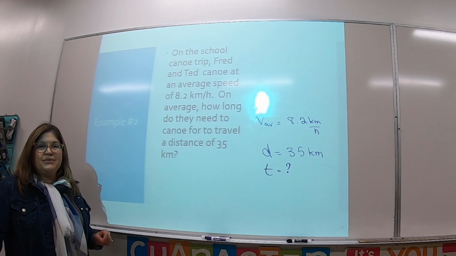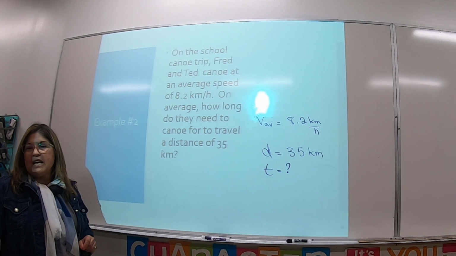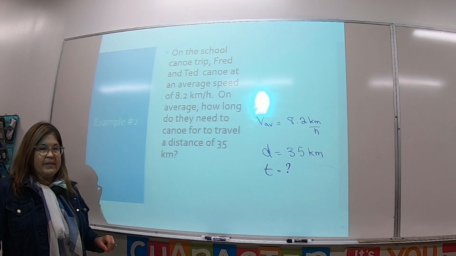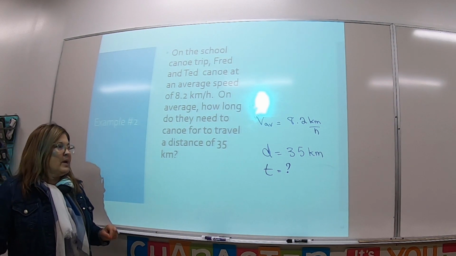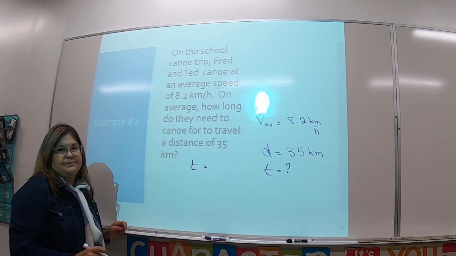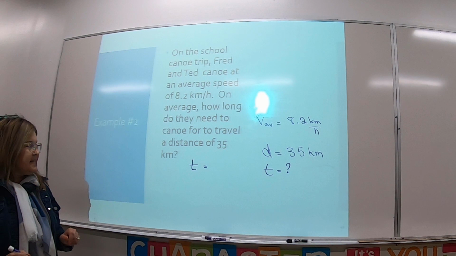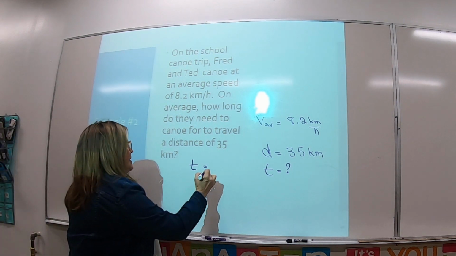I write down the equation that I need. Now, you have the equations manipulated on your equation sheet, so you can just look it up. What is the equation for time? Distance over speed.